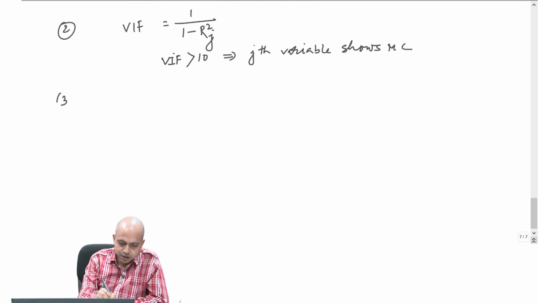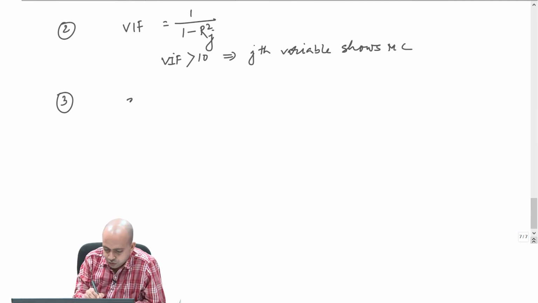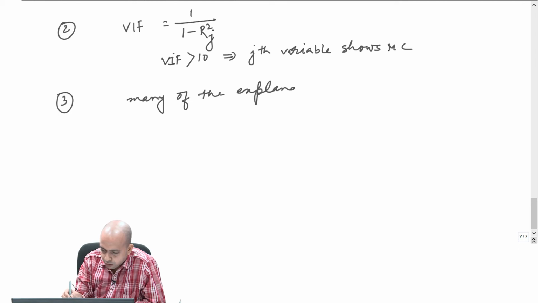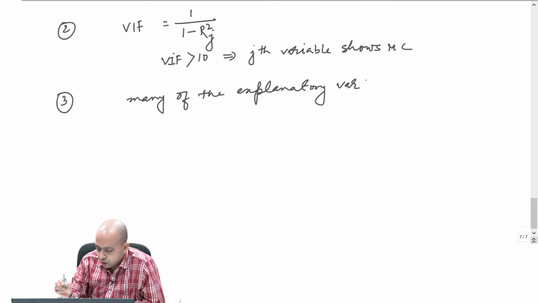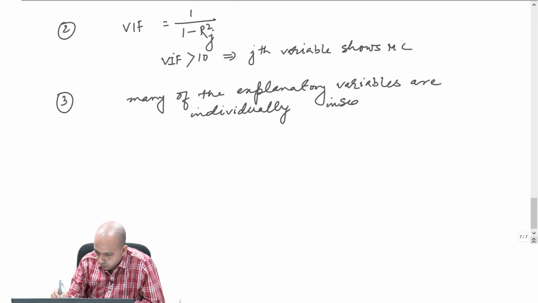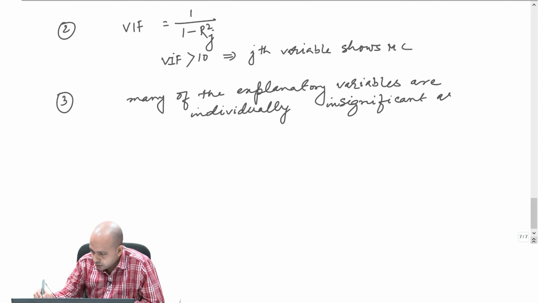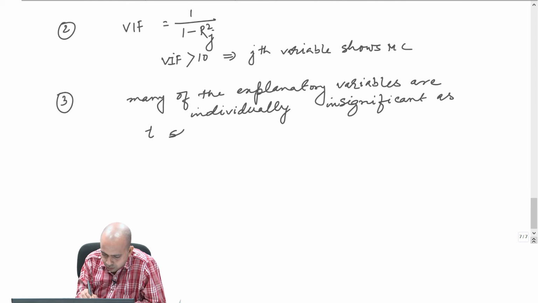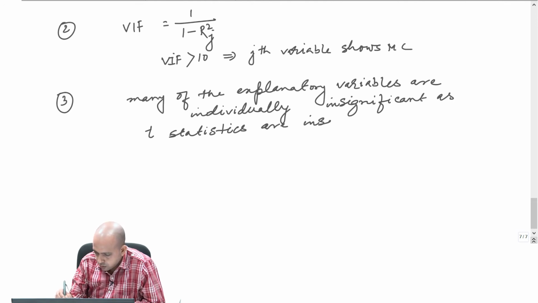And the third one is, as I said, how will you detect that many of the explanatory variables are individually insignificant, as t statistics are insignificant, but high r square.